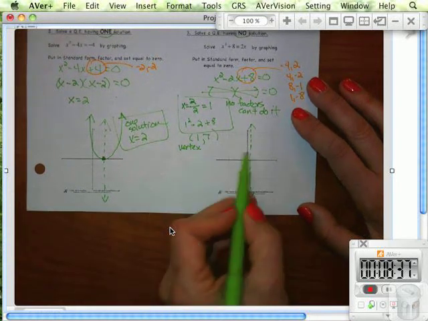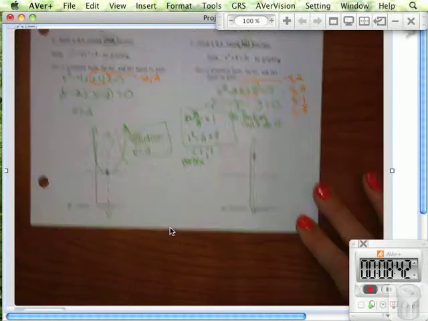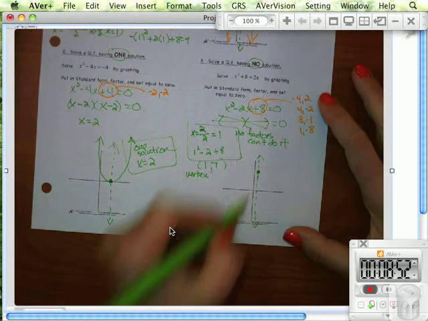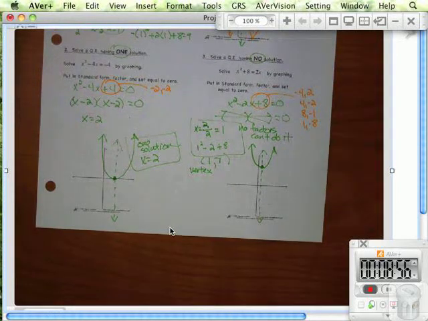So it's way up here. Now, here's the thing. Does our parabola open up or down? It opens up. So that means it's going to be something like that, which means it does not ever hit the x-axis. So we were right.